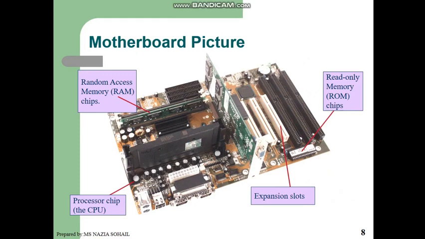That is the random access memory. You may insert it here, and this is the complete RAM. Right now it's built into this motherboard, and that is the processor chip. For example the CPU, we call that the chip.